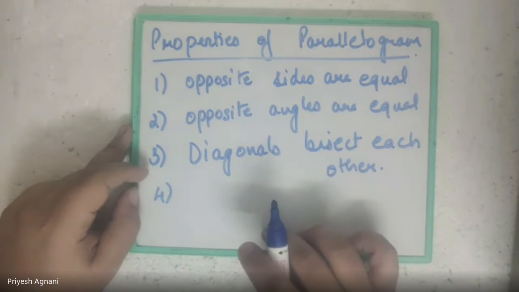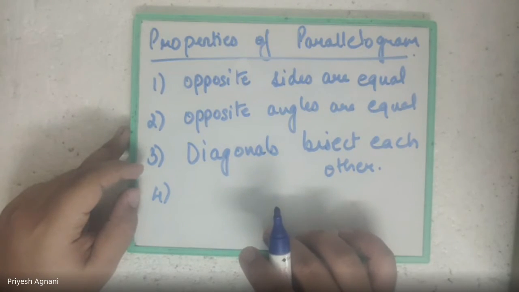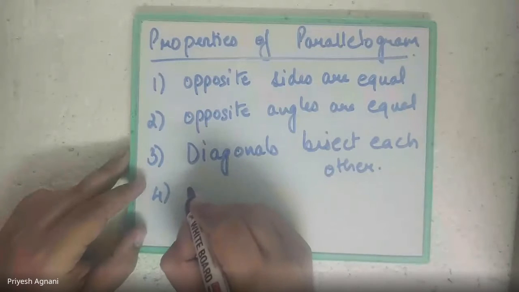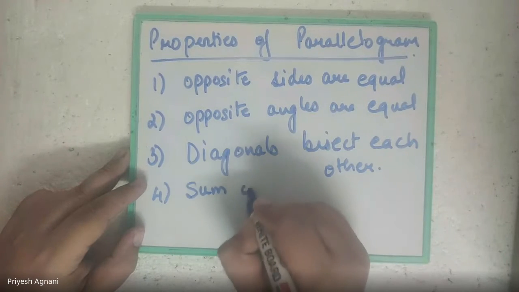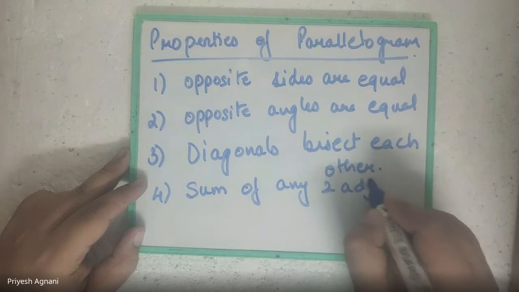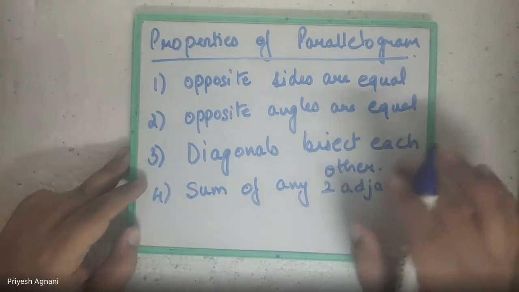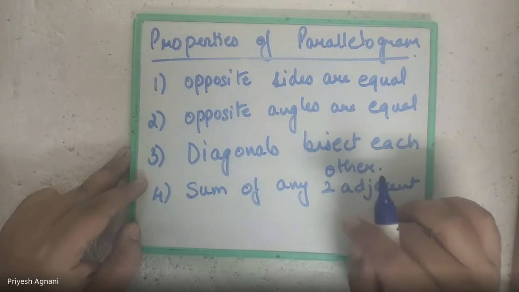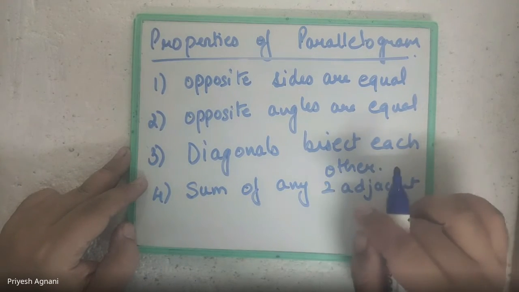Property number four, the sum of any two adjacent angles. Adjacent means side by side, okay? Adjacent का मतलब होता है side by side.